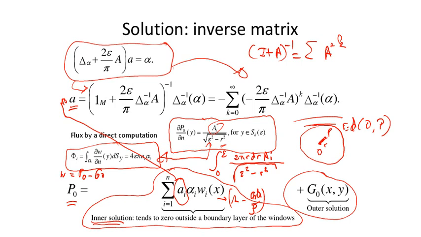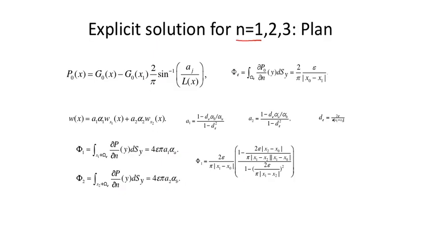So how do you apply this method? You can try, let's say, for 3 holes, n equals 1, 2, and 3. For 1 hole, it's very easy.